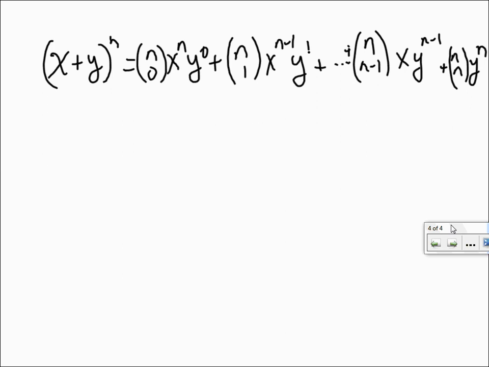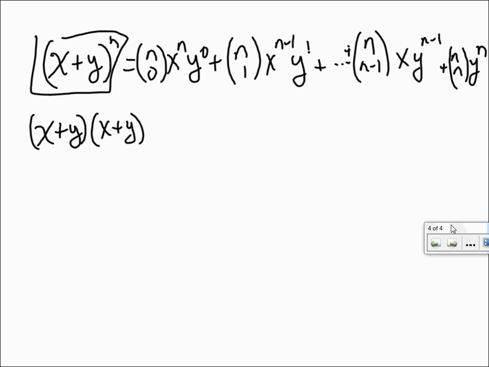The reason is, this means to multiply x plus y by itself n times: x plus y times x plus y, n times.